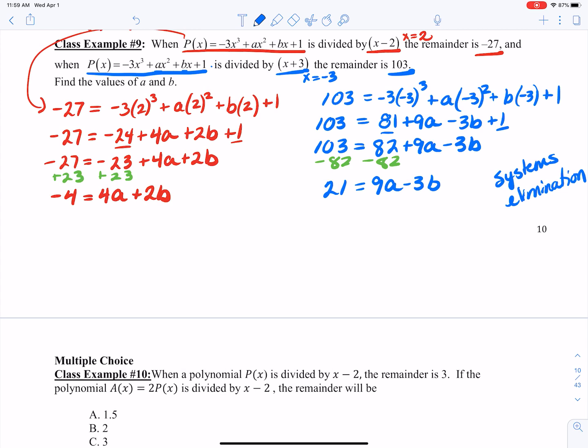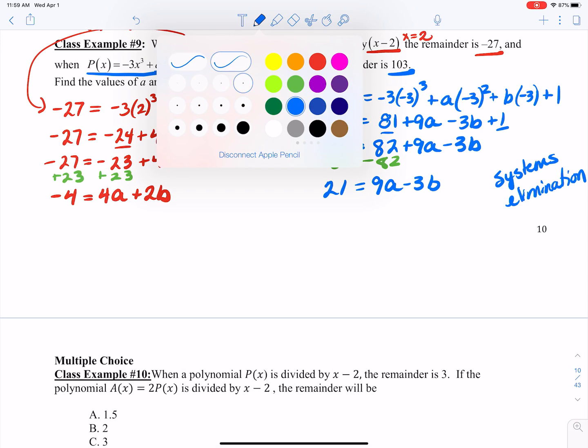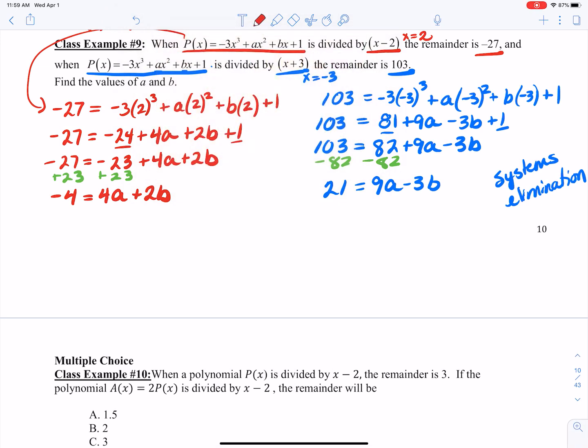So I'm going to multiply my red equation by 3, because what I'm going to do is cancel the b's, and I see that 6 is going to be my coefficient that's going to make that happen. So I'm going to end up with negative 12 is equal to 12a plus 6b.